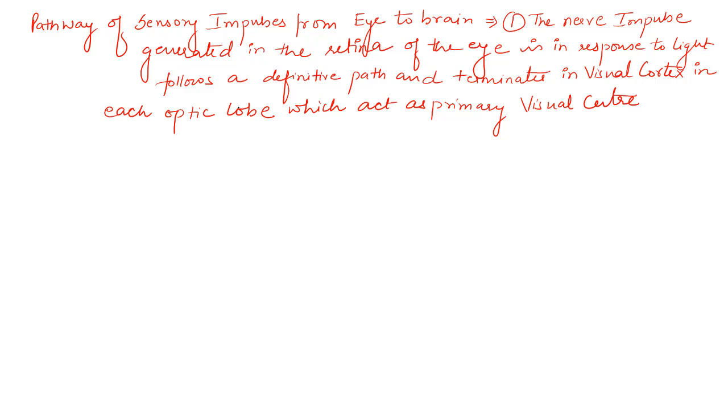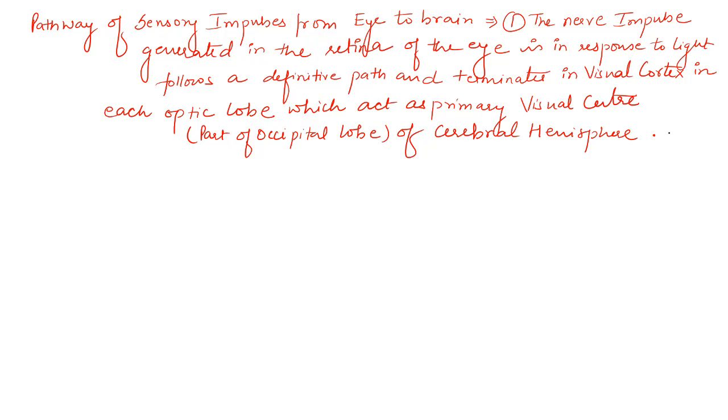This visual cortex is the part of the occipital lobe of the cerebral hemisphere. This visual center helps to erect the image and analyze the impulse.